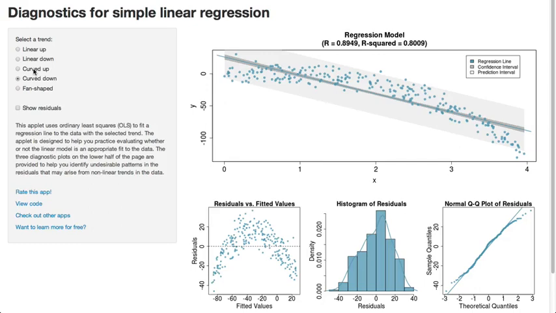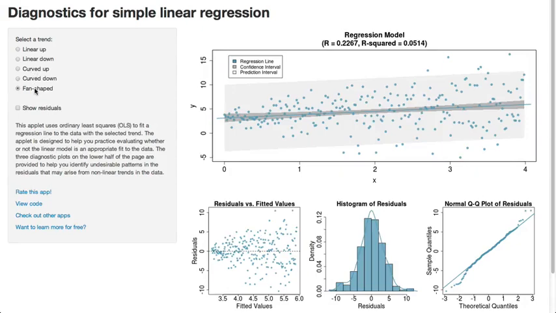What if the constant variability condition has not been met? This is usually when we have what we call fan-shaped data. We can see that when the value of the explanatory variable is low, the variability of the response variable is low as well. However, as x increases, the data are fanning out such that the response variable becomes more and more variable.